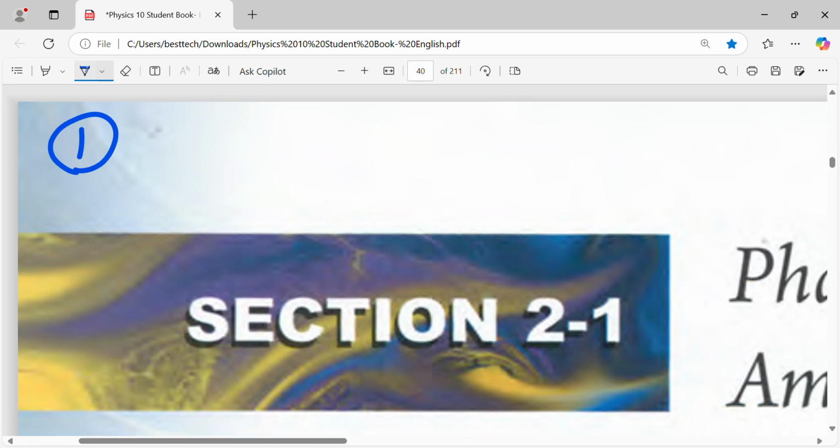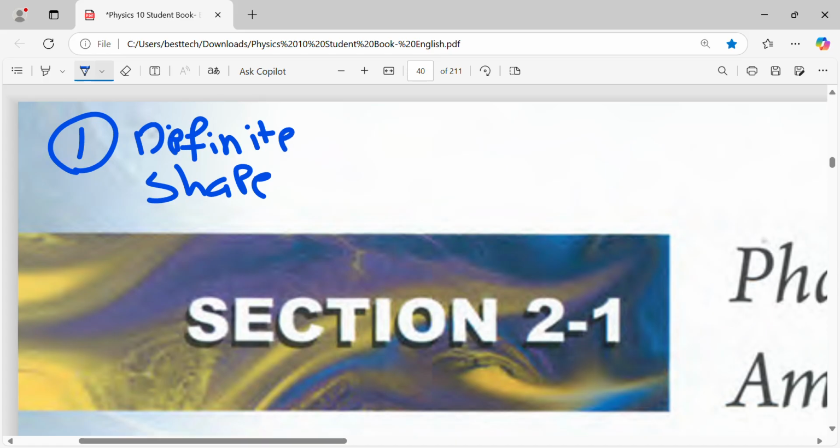The first property of solid is, this property is not in the book, but you have to know it because it is important: a solid has a definite shape. The shape of the solid is clear, and it isn't changed. And the volume too, same thing.